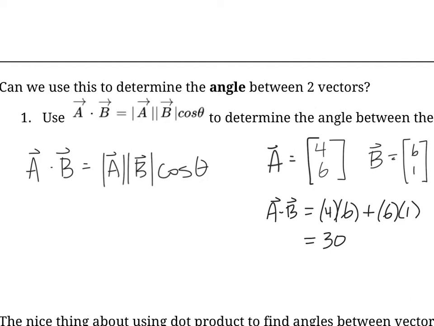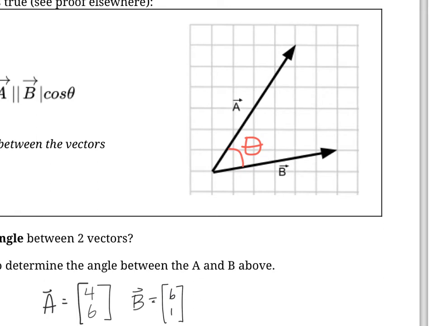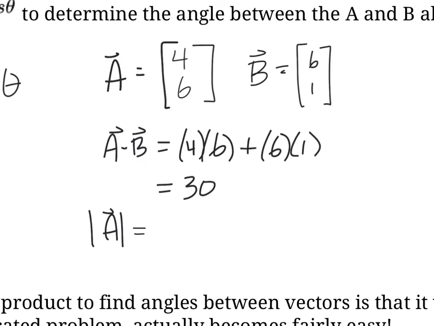Now we need the magnitude of the A vector and the B vector, and we know as well how to do that. The magnitude of A, if we look back up here, is just the length of the arrow, right? So we can use the Pythagorean theorem to find that. So going back down here, the magnitude of A is just going to be the square root of 4 squared plus 6 squared, which comes out to the square root of 52.